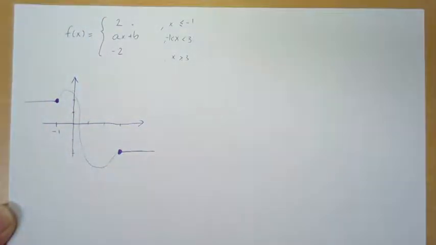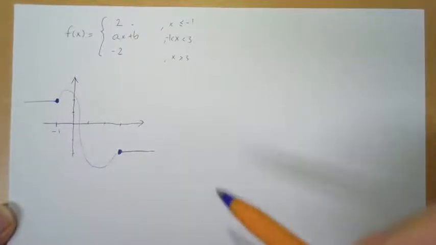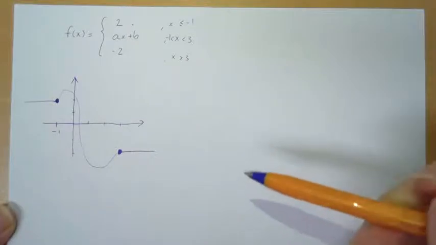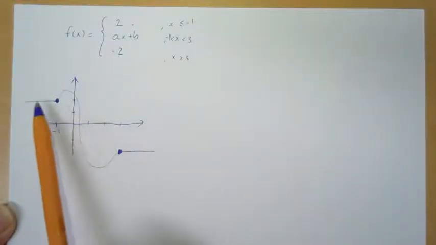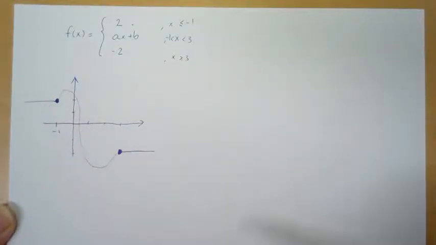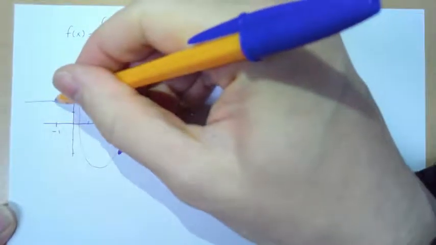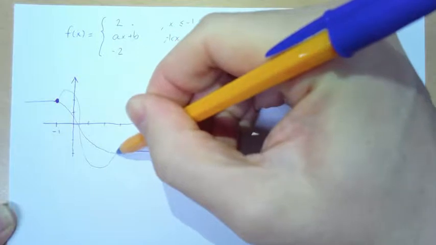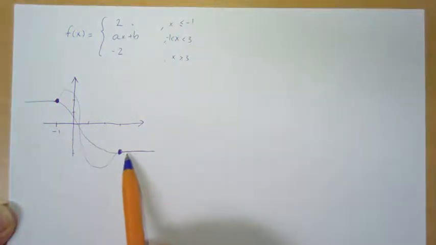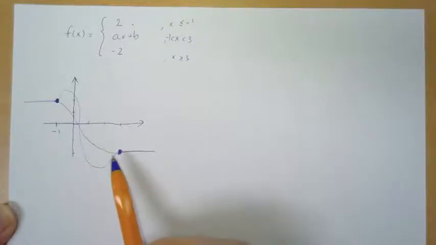It could be a function like that, and actually in the near future we're going to have similar problems where we want these three pieces to connect smoothly, so we don't want sharp turns. We would like maybe something to turn like that and then nicely connect here so that it's not only continuous but also differentiable, so no sharp turn.